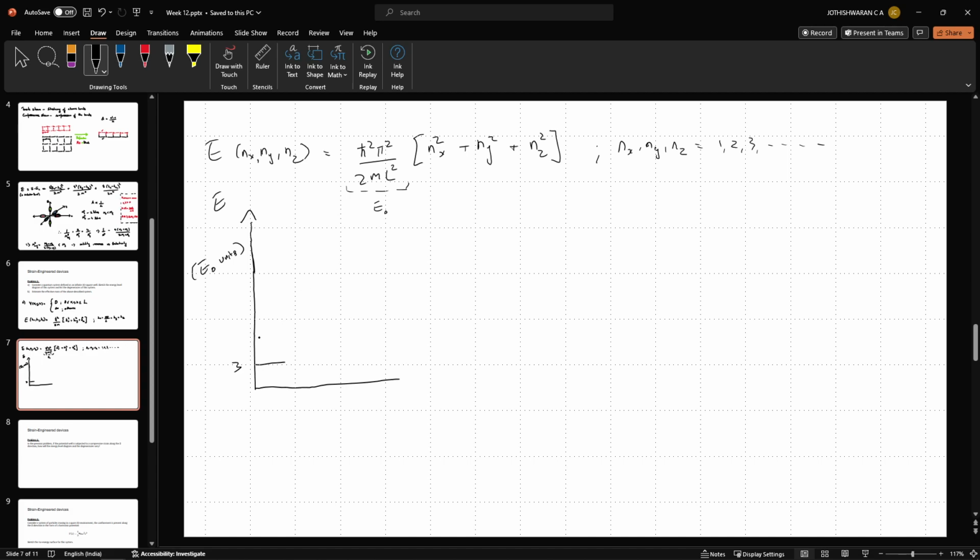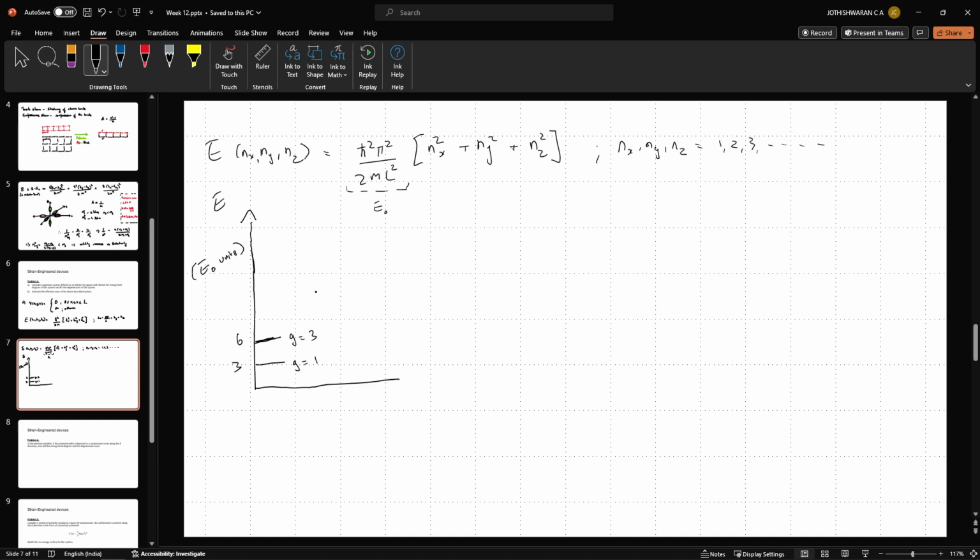So that is going to be 6 E naught. And we know g is equal to 1 for the ground state. But here the value 2 can be in nx, ny or nz, so g is equal to 3 in that case.